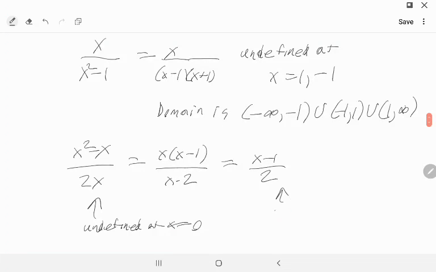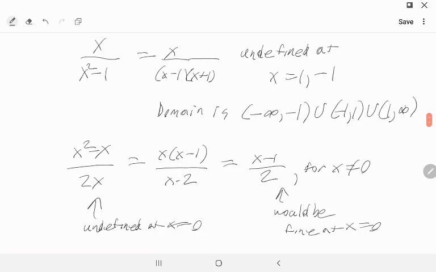This expression would be fine at x equals 0, but because it came from the original expression that had a restriction at x equals 0, we have to specify that this equality is only true for x not equal to 0.